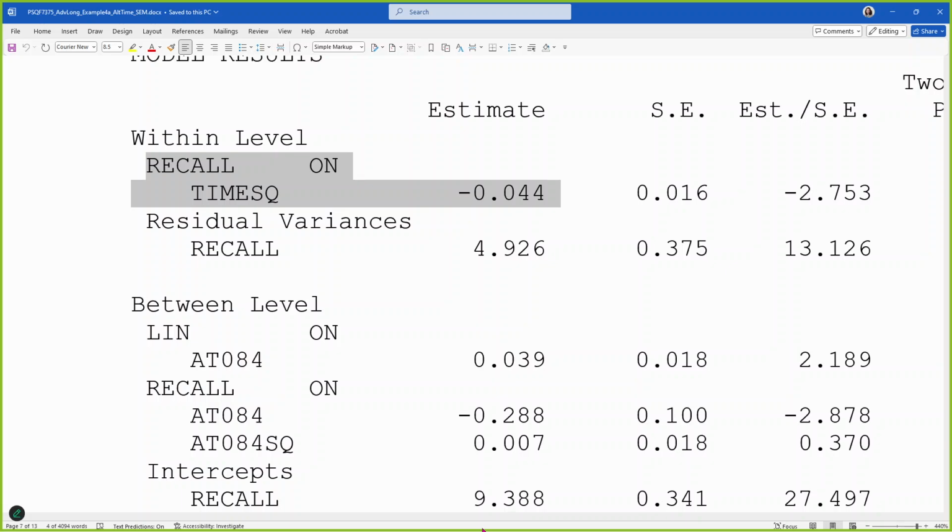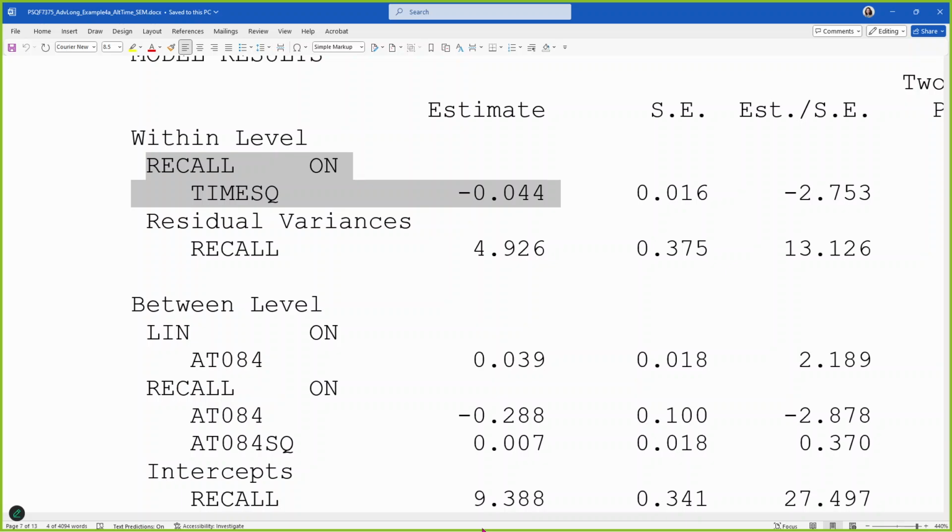In multi-level modeling terms, what would I refer to this as? Is that the fixed time square slope at a particular point, like time 0 probably?